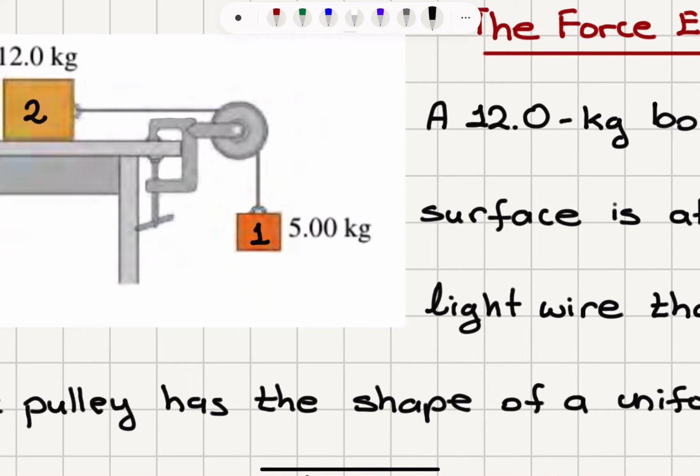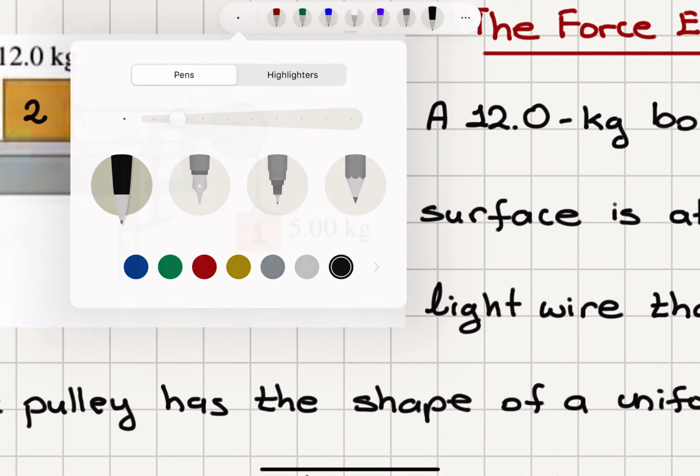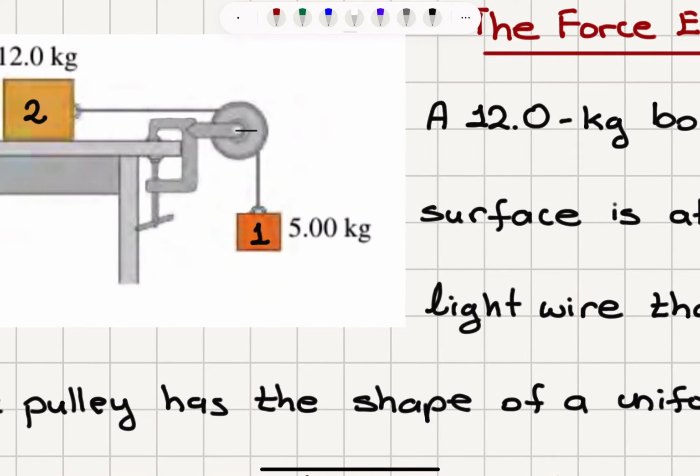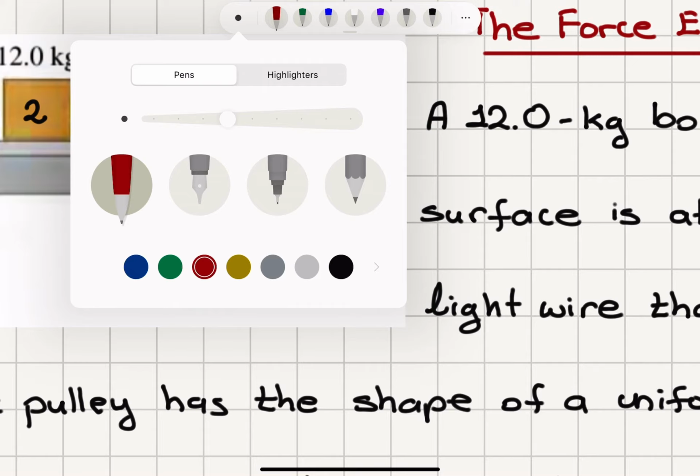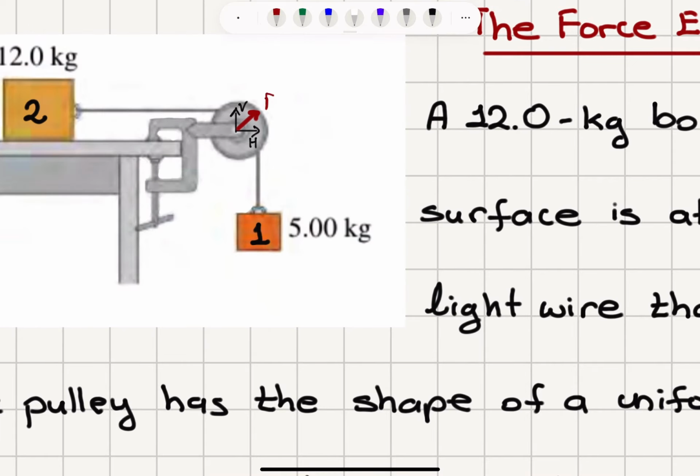We have a horizontal force and a vertical force. This is horizontal force H, vertical force V, and as a result I have this force which I have labeled F axle here.